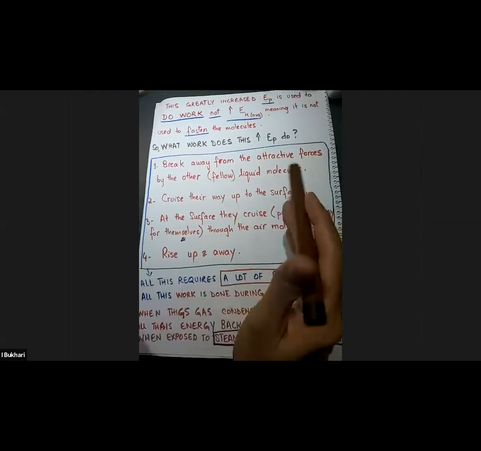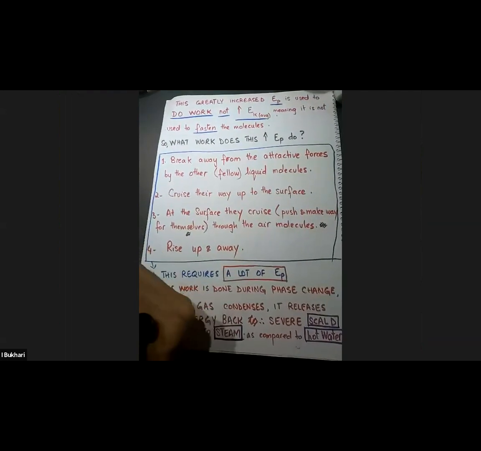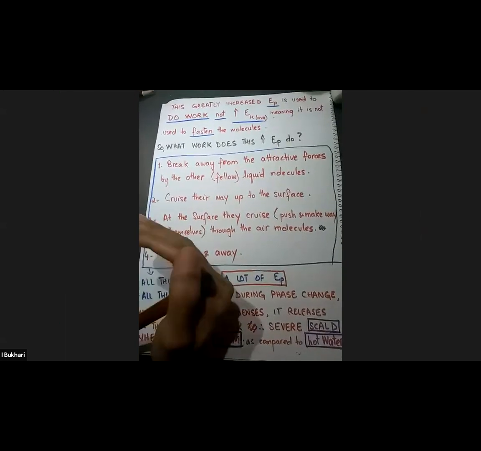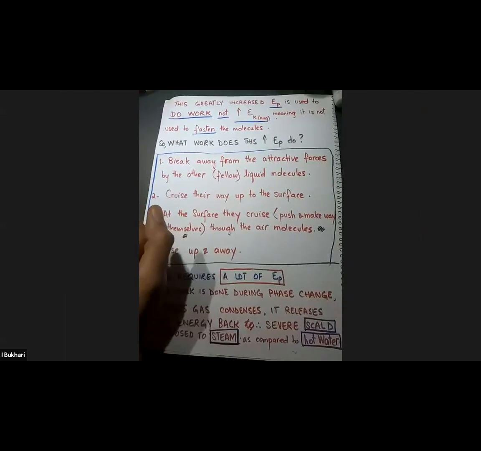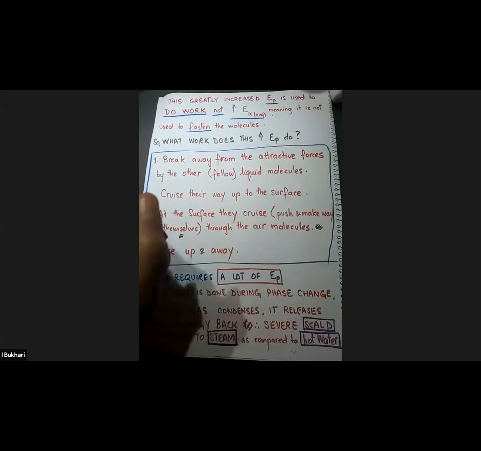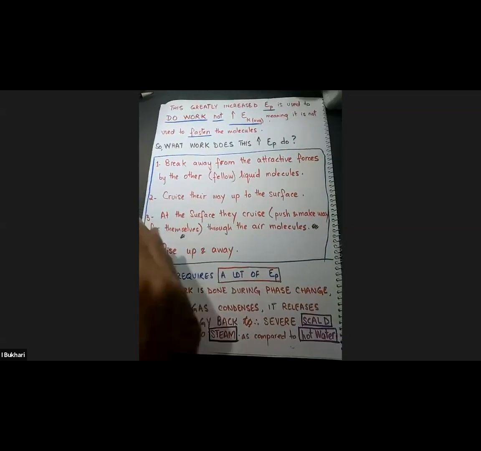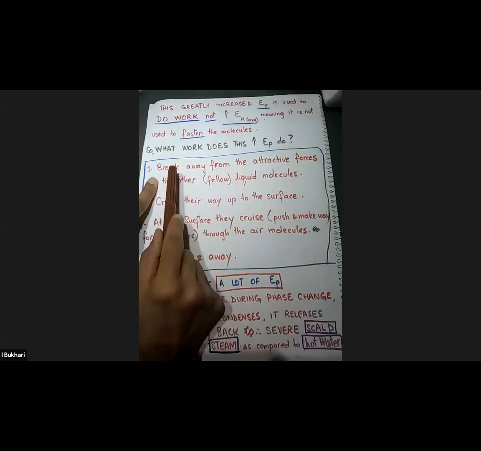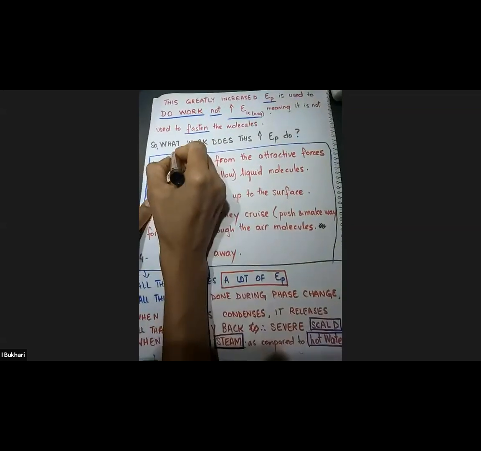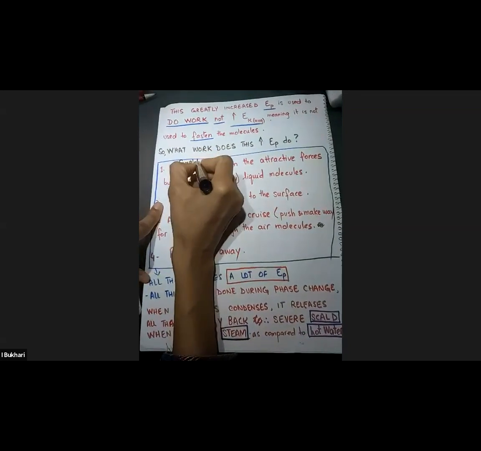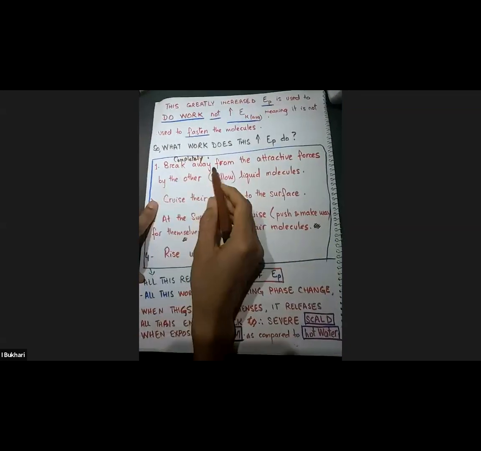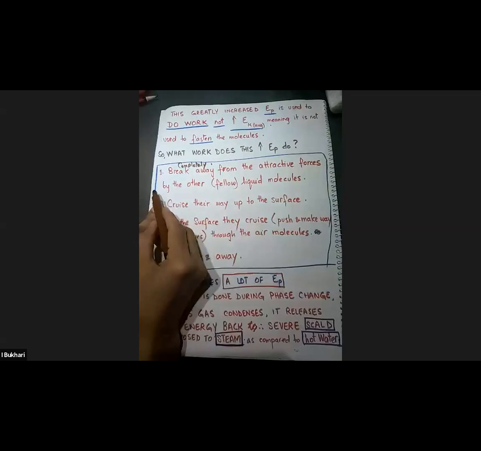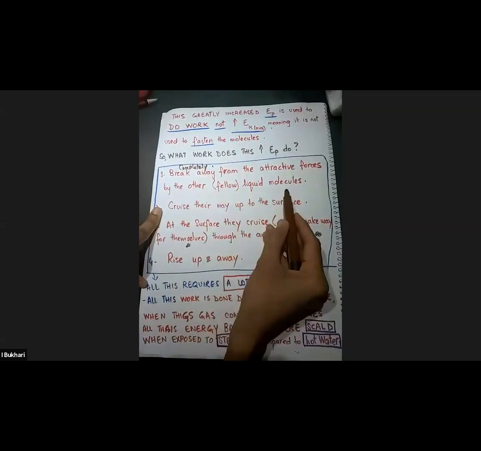Why does boiling take more energy as compared to melting? So one point we already discussed, because they have to break the attractive forces completely. They should completely break away from the attractive forces by the other fellow liquid molecules.